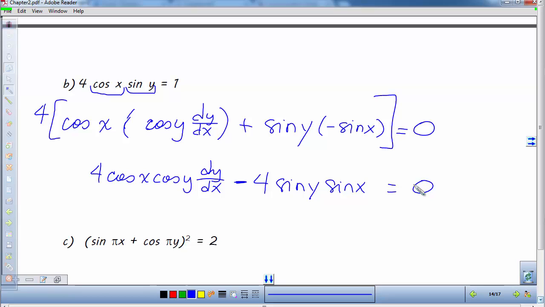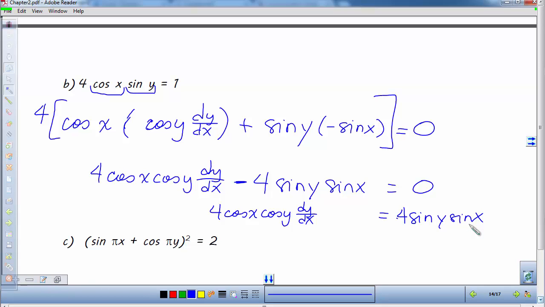Okay, well, the only term that has dy/dx is this one. So I'm going to move my other term to the other side. So we've got 4 cosine x cosine y dy/dx equals 4 sine y times sine x.